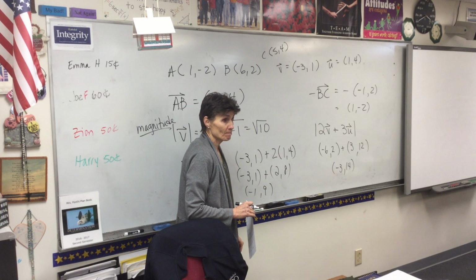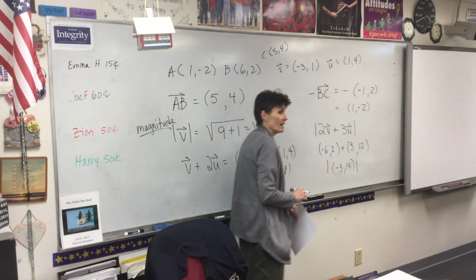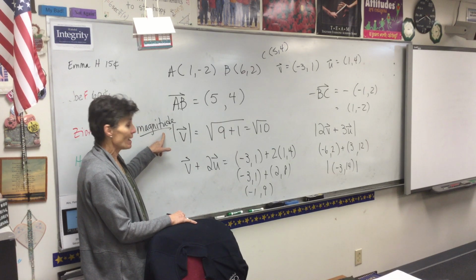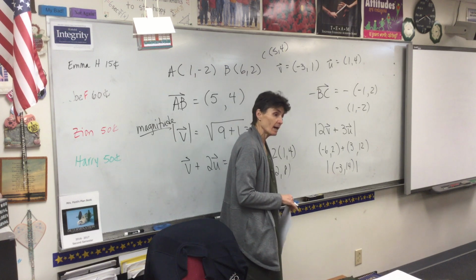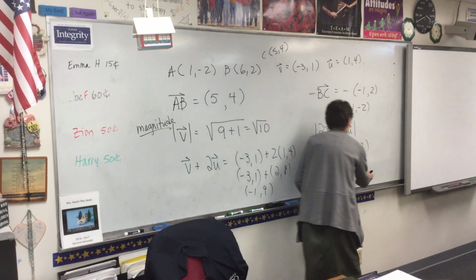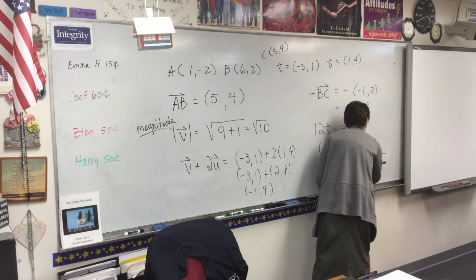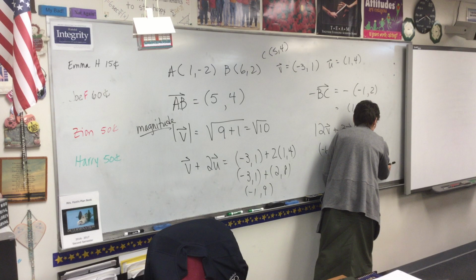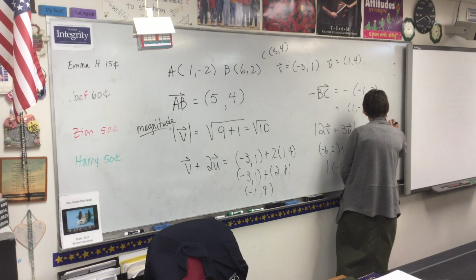Am I done? No, because we have this, right? And what did we say that means all the time? Magnitude. And how do we find magnitude all the time? We square the first one, square the second one, add them together, and take the square root.